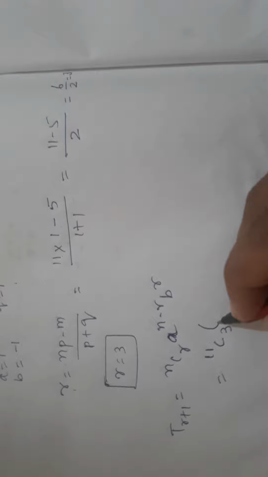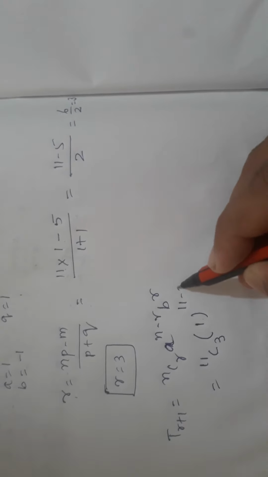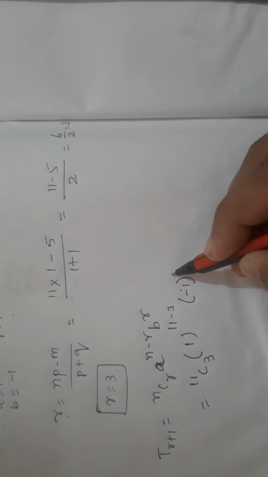Now we can find the expansion easily. We have the formula T(r plus 1) equal to nCr x to the power of (n minus r) a to the power of r b to the power of r. Here n value is 11, r value we obtained is 3, a value is 1, so 11 minus 3. b value is minus 1 to the power of r value 3.